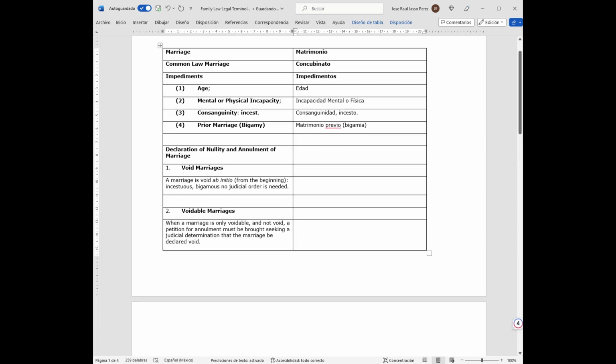Now, marriages may be declared null or void, and those are some concepts that we're going to translate next. The declaration of nullity and annulment of marriage. In Spanish, declaración de nulidad de matrimonio.